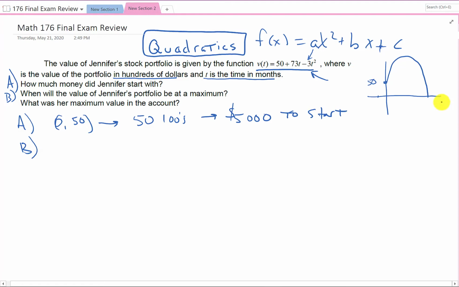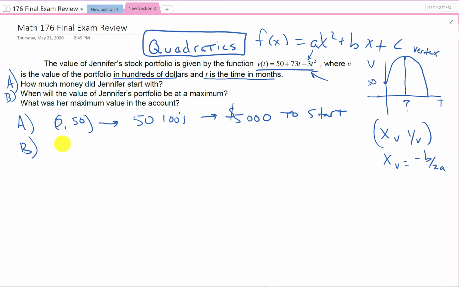So there's two questions here, the time and the value. And the time is this number right here. We need to find that number. All of this is related to the vertex point. And hopefully remembering to find the vertex, there's a little formula for it. The x-coordinate is -b over 2a.